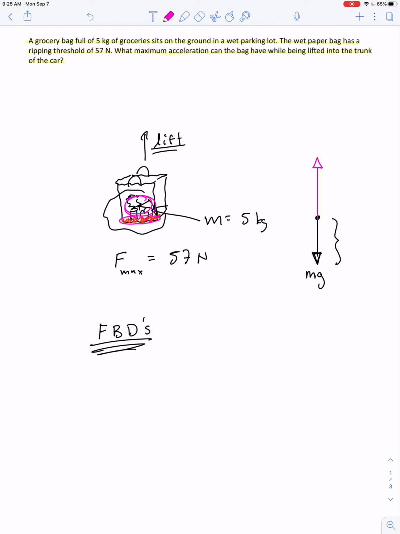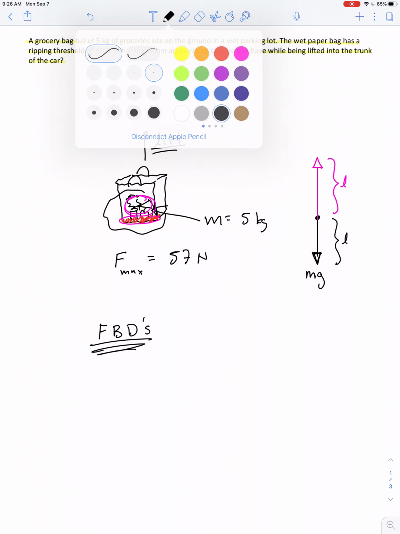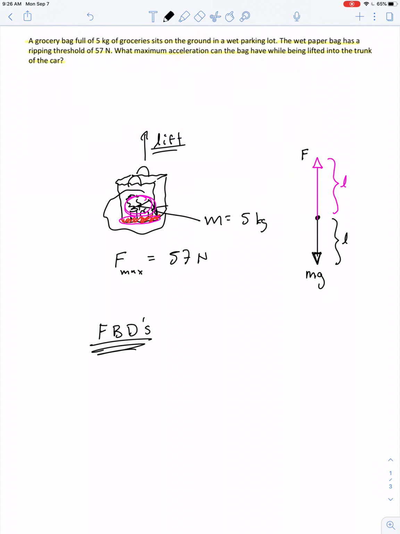Now, here's a concept to consider. If you want to lift the groceries upward with a constant speed, then the length of this vector and the length of the downward vector would be one and the same. If the upward force and the downward force are the same in magnitude, that would imply the net force is equal to 0.